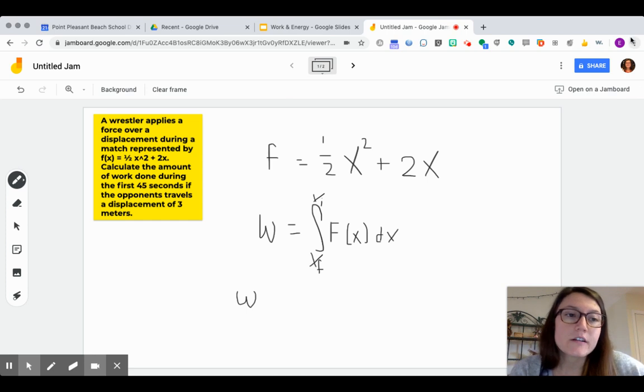So we have here our question. Force as a function of displacement applied by the wrestler is as such. We know that work is the integral of force with respect to displacement from some initial to some final position. So based on the problem here, what's our initial and our final location?